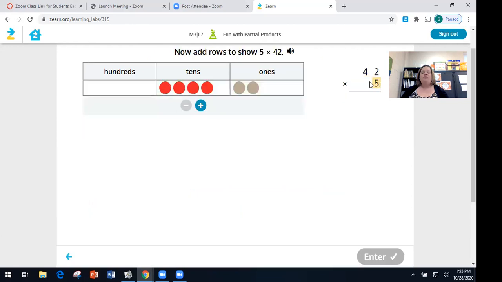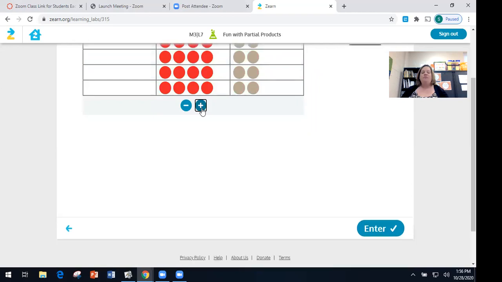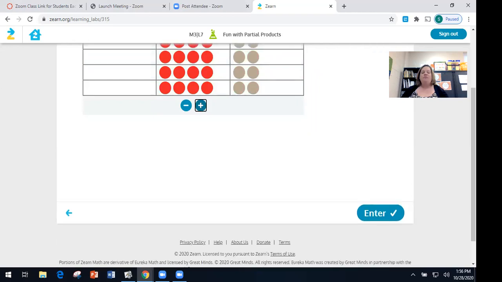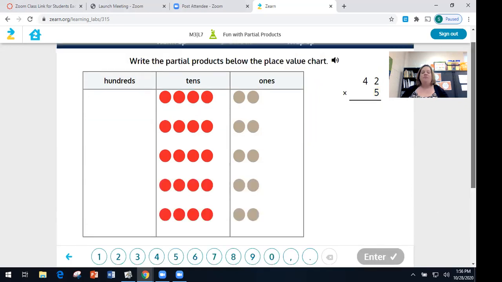Next, we see that there are 5 kiwis, so we need 42, 5 times. We already have it 1 time, so we're going to do it 4 more times. So now we are at 1, 2, 3, 4, 5. We needed to count that. So we have our place value chart all set.